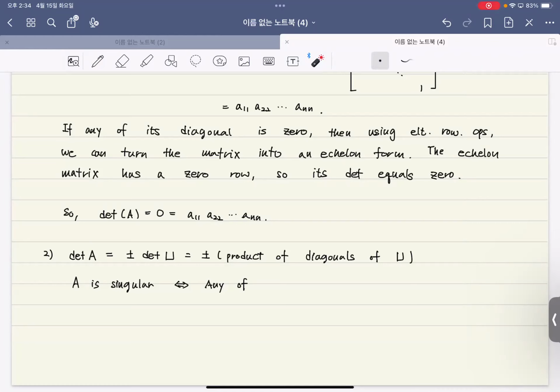So in other words, A is a singular matrix if and only if any of the diagonal entries of U equals 0. And a diagonal entry of U equal to 0 implies the determinant of A equals 0. A diagonal entry of U equals 0 if and only if the product of all diagonals equals 0, which is if and only if the determinant of A is 0. So they are all related.